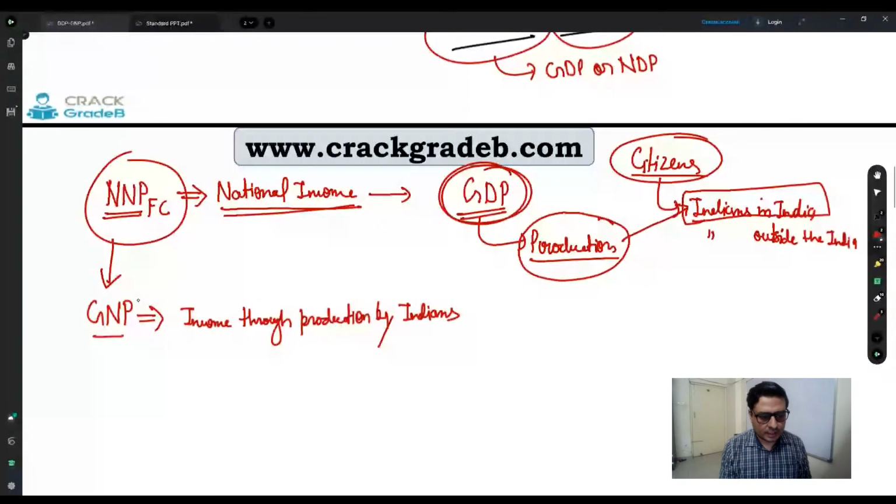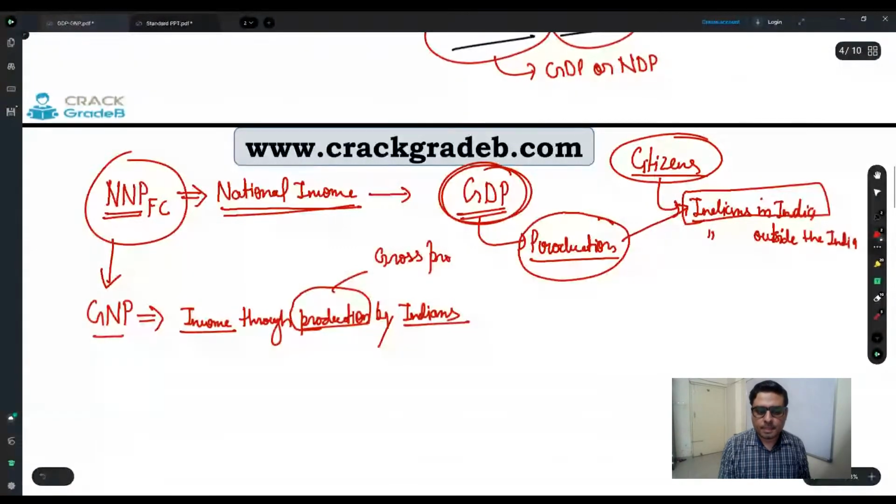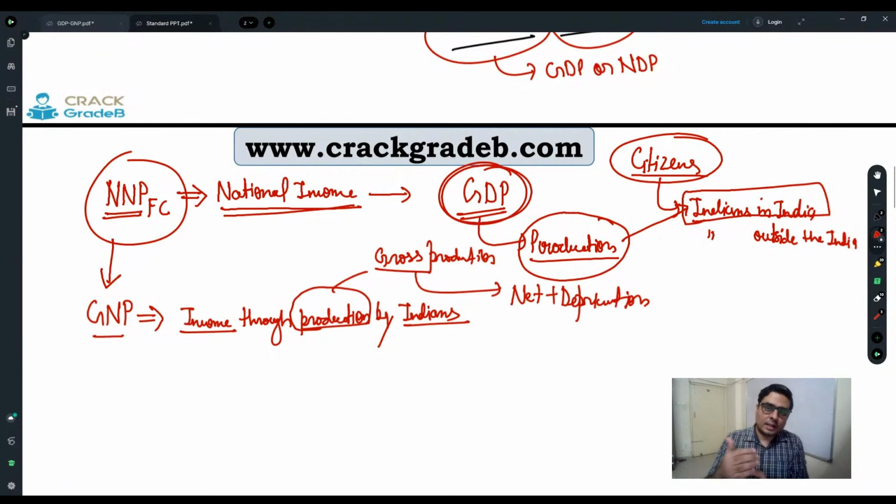So GNP is telling us income through production by Indians. But when we say production, it is generally considered as gross production. And I told you gross is inclusive of net plus depreciation. So when we calculate the GNP, it also includes the income generated through depreciation.